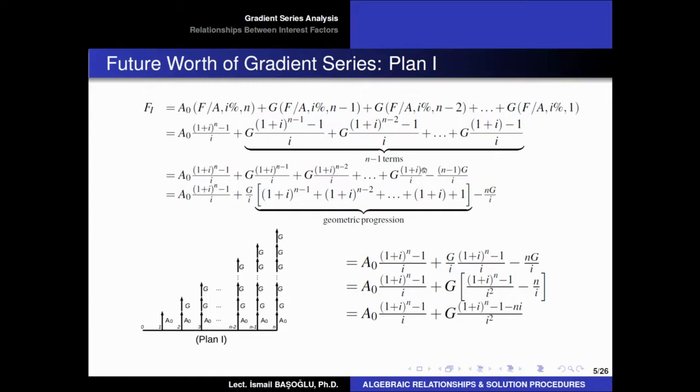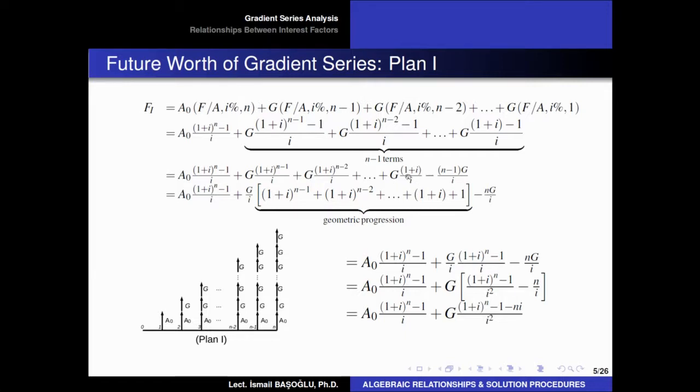And then we are going to do another trick. So this n-1 G over i is actually n G over i minus G over i, right? So instead of subtracting n-1 G over i, we subtract n G over i, but the additional G over i can be added at the end of this summation.